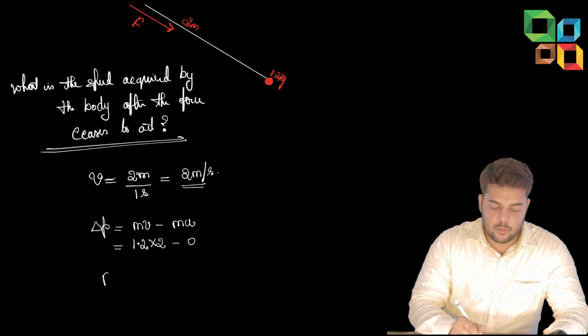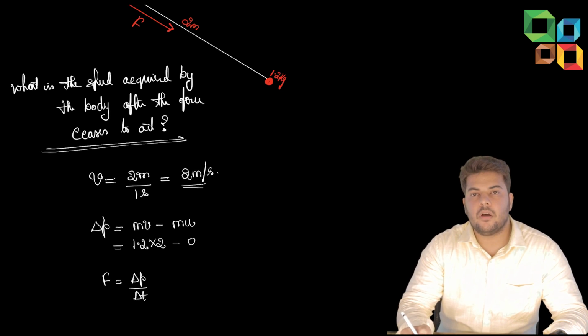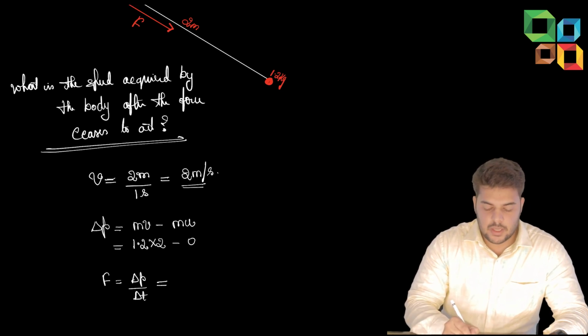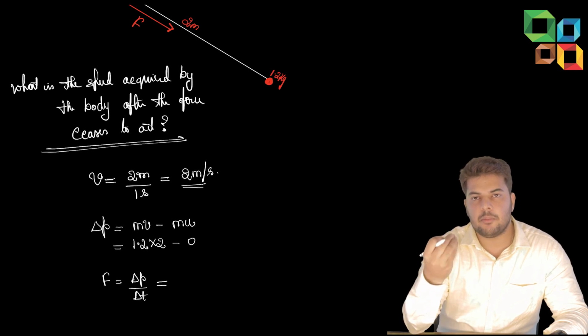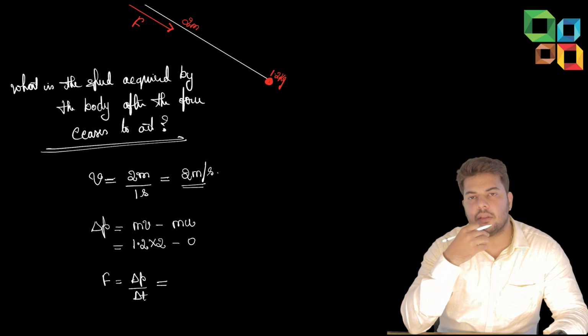And what is the force equal to? Force is equal to the change in momentum divided by the change in time. So if the momentum of the body changes quickly, then we say that a greater force is acting on the body. That's how Newton defined his new quantity called force.